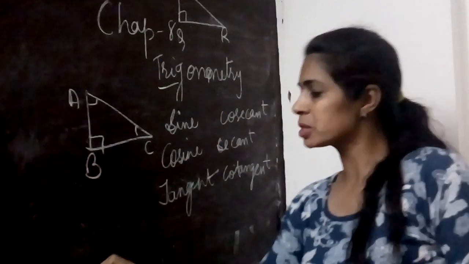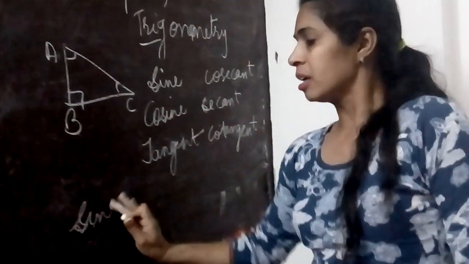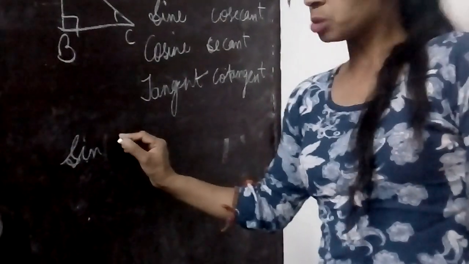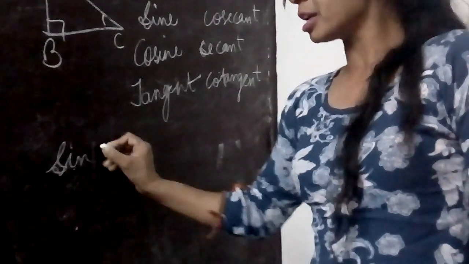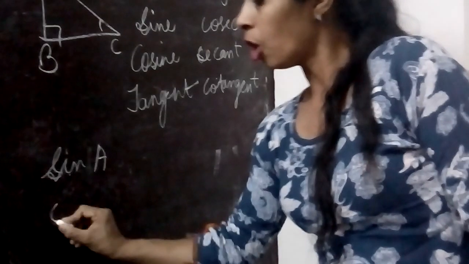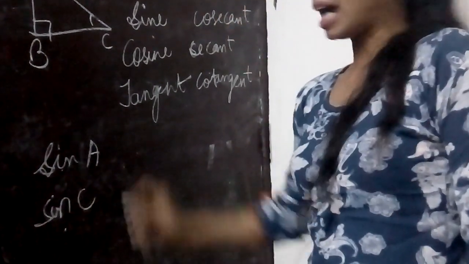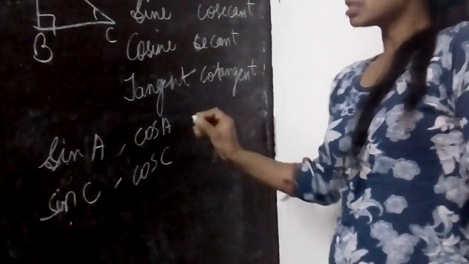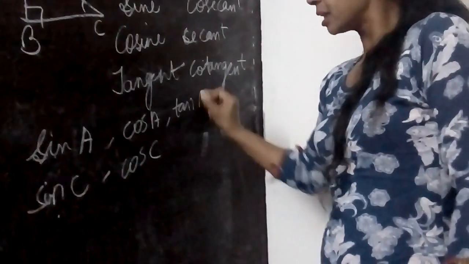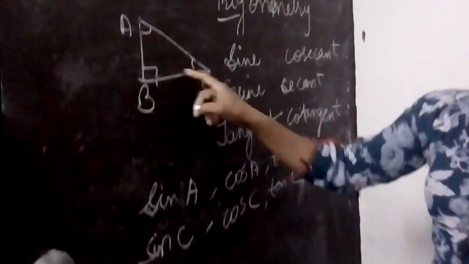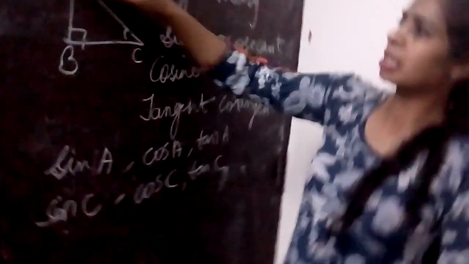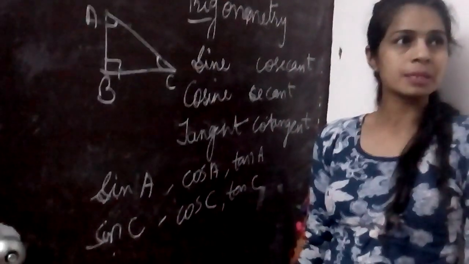Now let us particularly discuss sine. We can have two acute angles here, A and C. So that is why we can have two trigonometric ratios here, sine A or sine C. I can have cos A or cos C. Similarly, I can have tan A and tan C. So there are 6 trigonometric ratios, but we are talking about only 3, and particularly the acute angles.